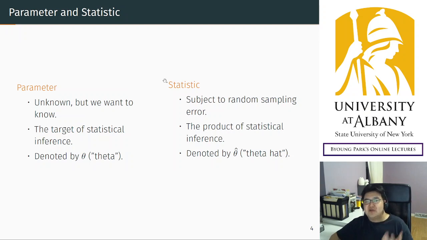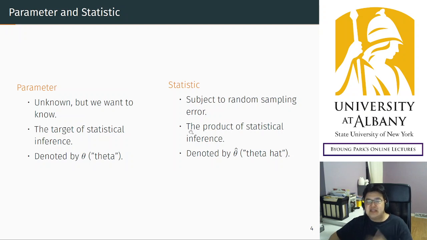Statistic is random because it follows the sampling distribution. That's what we learned in chapter 7. So remember, statistic is calculated from a sample. So if you resample, if you random sample again, and if you recalculate the same statistic, the result may be different. So in that sense, a statistic is random, which means it has random errors, right?